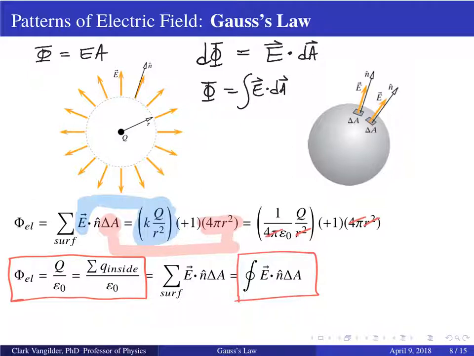Here the cosine of the angle between them is 1 because the angle between them is 0 in this case. So we end up getting flux equals just E dA, which means flux is E, because the magnitude of that is constant, and then I have to add up things according to these little chunks that I'm dealing with. Well, that's simple. You're just going to get EA like we had before. That was one of the first things we rolled out.